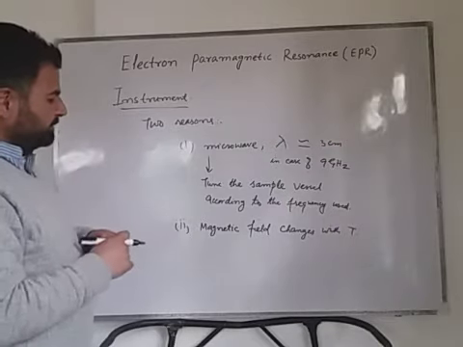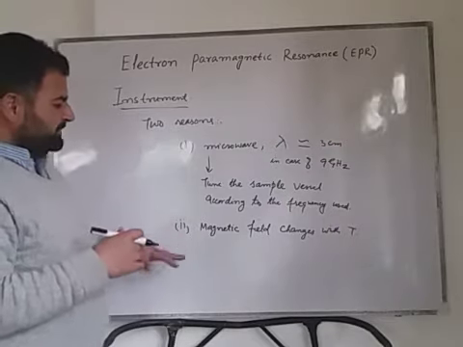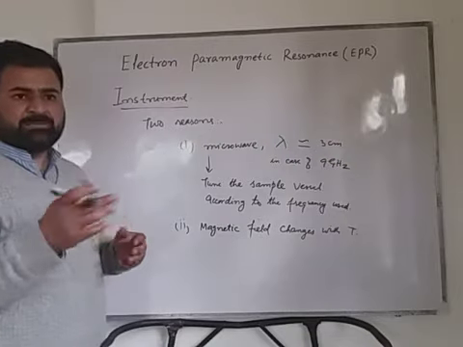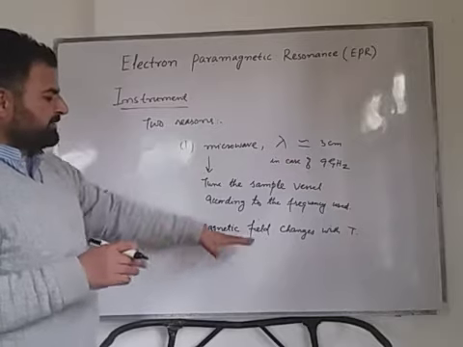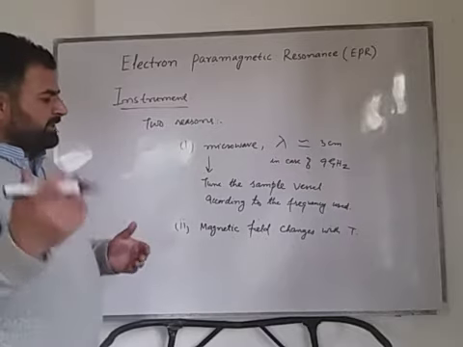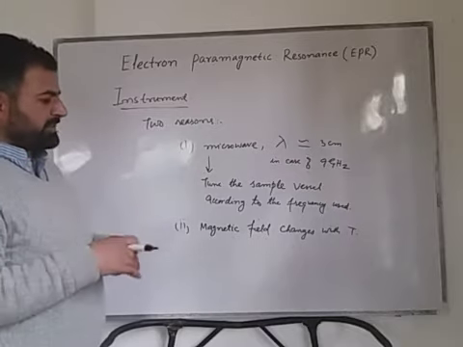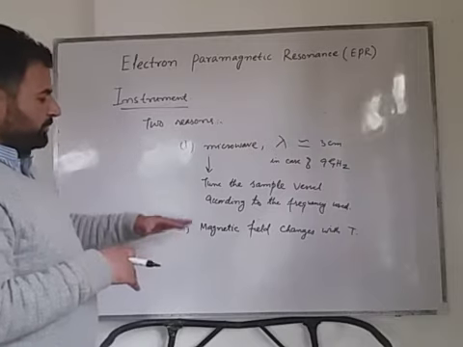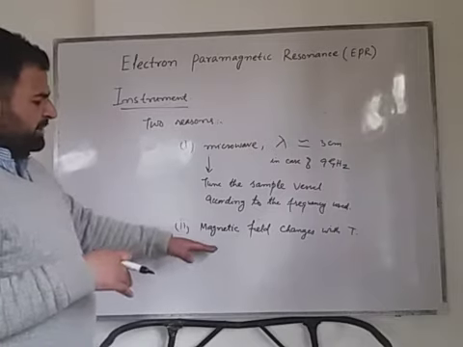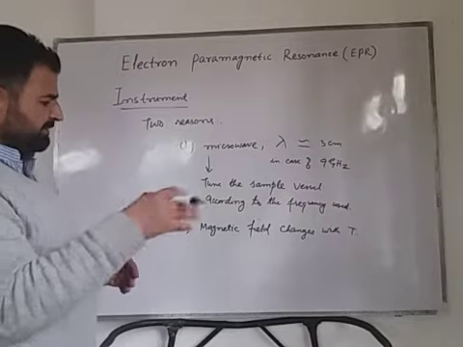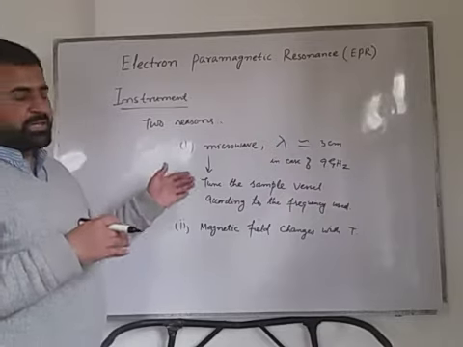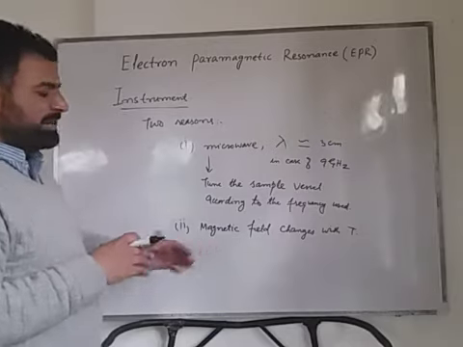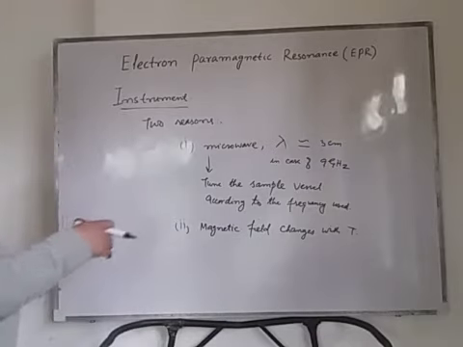At that very time, what will happen? The magnetic field will show some fluctuations. So if we keep the magnetic field constant, it will be very difficult when temperature is fluctuating. So it is wise to keep the magnetic field varying and keep the frequency constant, because it is easier to keep the frequency constant and to vary the magnetic field because of its temperature dependence.